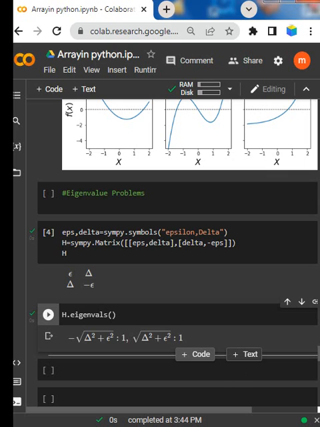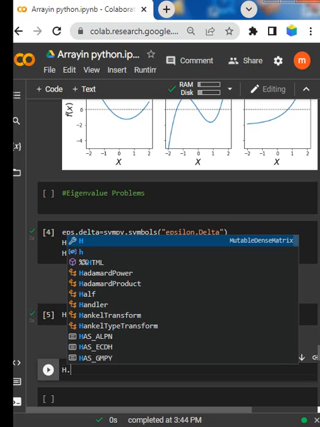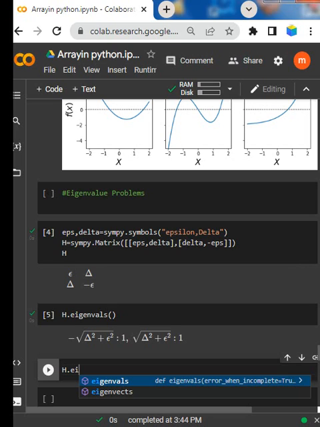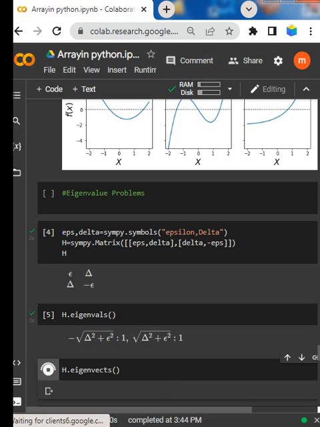Similarly I am going to get the eigenvectors, so H.eigenvects. I have gotten the eigenvalues, and now I am going to get the eigenvectors.